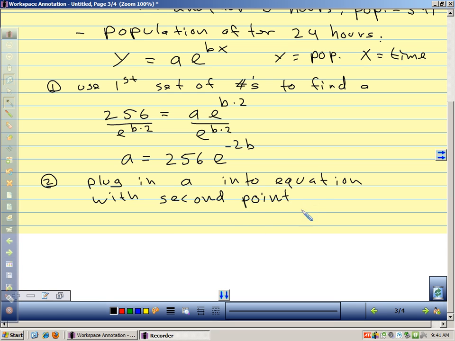Yes, a positive exponent in the denominator is the same as a negative exponent in the numerator. So I just made it negative 2b rather than over e to the 2b. So now we're going to plug a into our original equation with our second point and use that to find b.